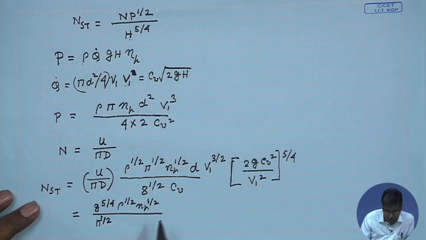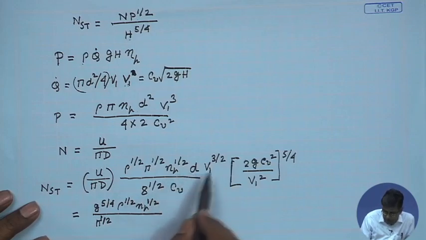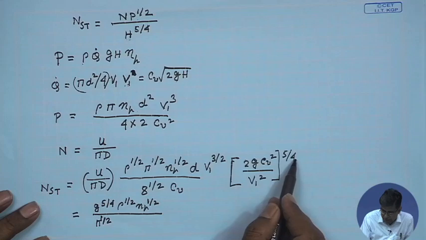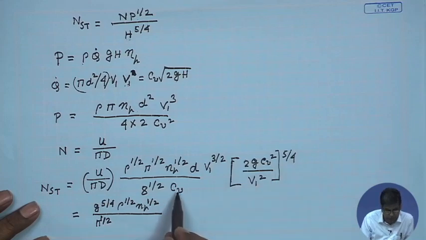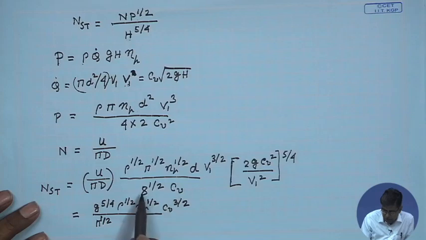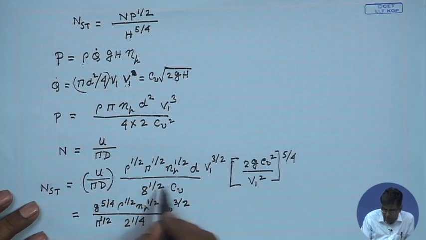Okay. Then CV, let us see, CV is 5 by 2 and here CV is 1. So, 5 by 2 minus 1, the CV to the power 3 by 2. Now, 8 to the power half and 2 to the power 5 by 4. It is 2 to the power 3 by 2 minus 5 by 4. It will be 2 to the power 1 by 4.